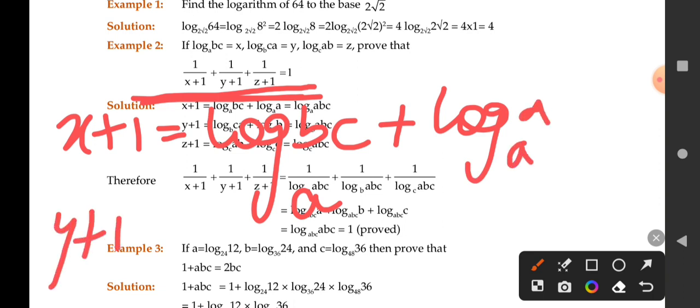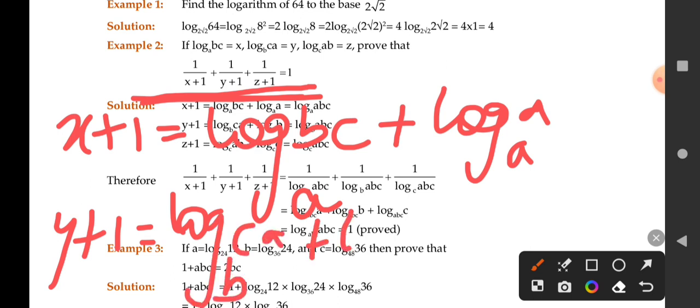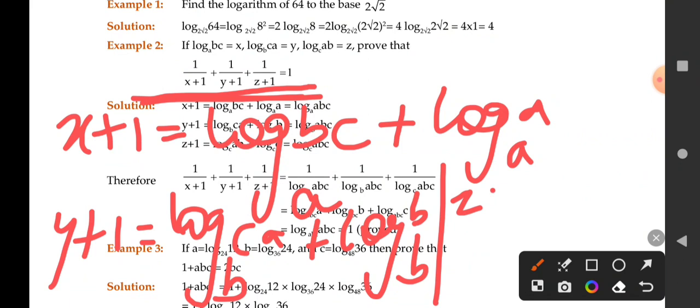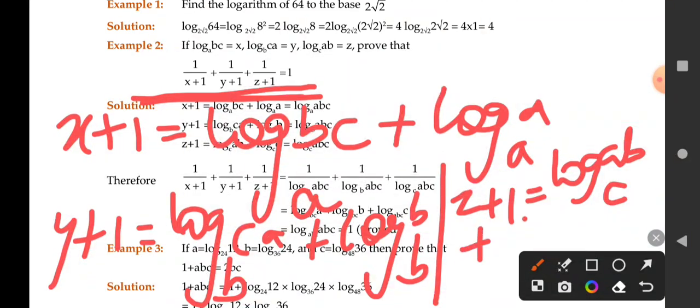Similarly, y plus 1 would be log ca to the base b plus log b to the base b. Correct? Similarly, z plus 1 is equal to log ab to the base c plus log c to the base c.